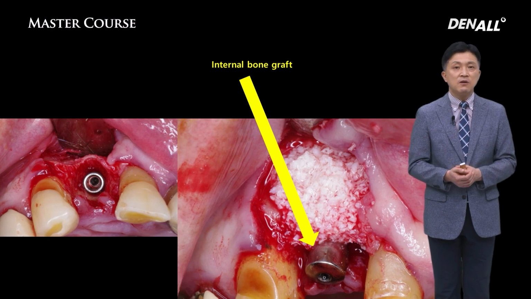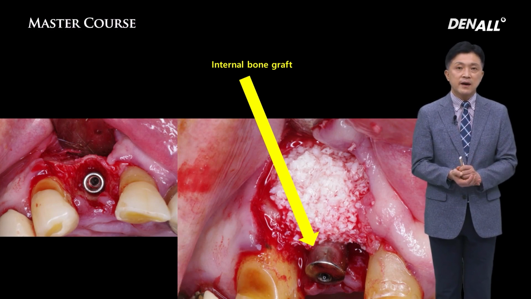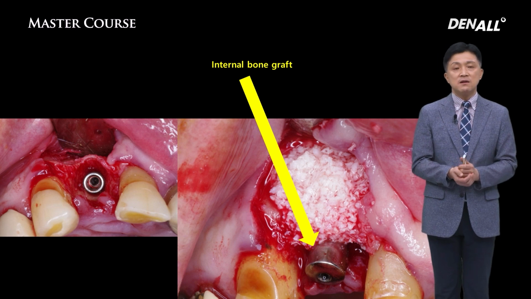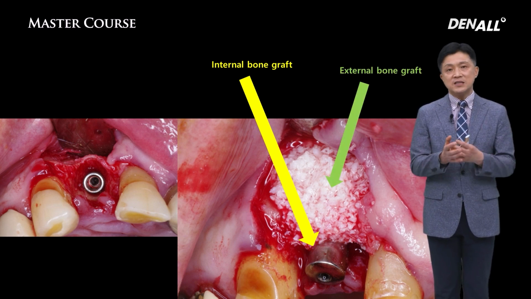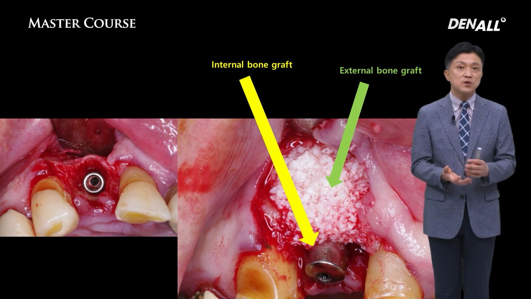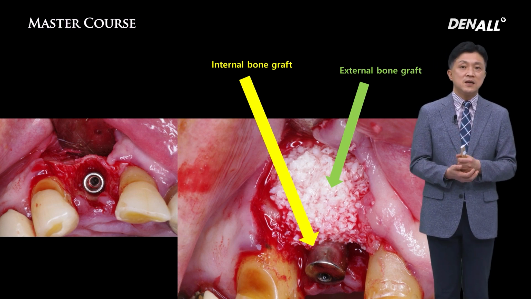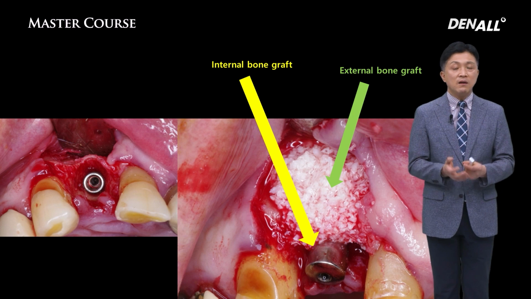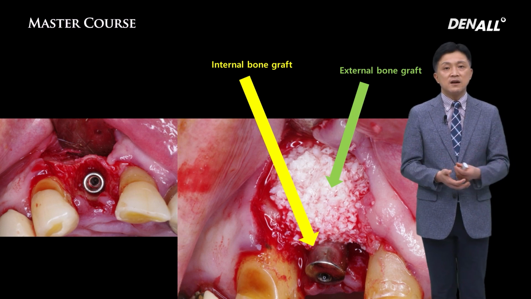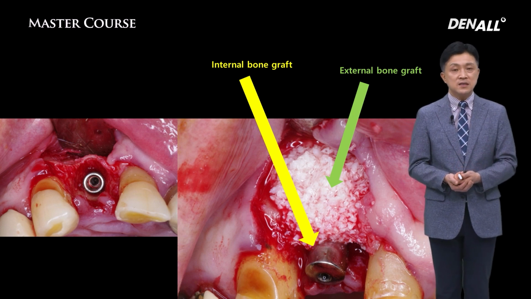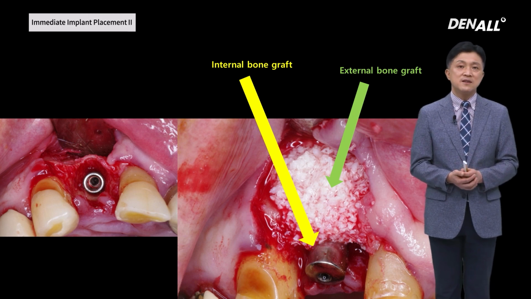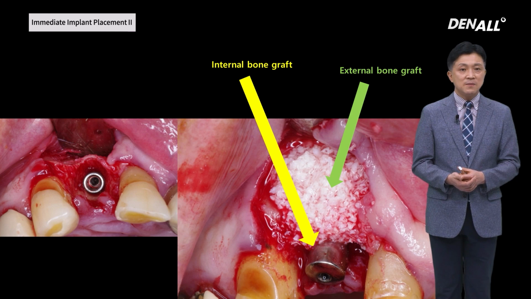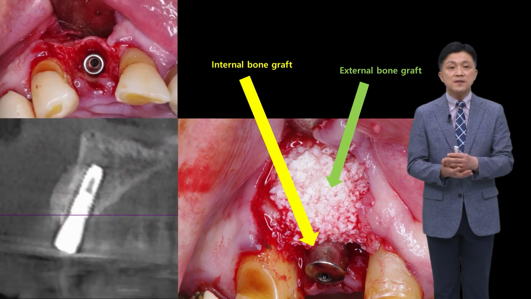In the case of external graft, it needs to withstand remodeling, so you need to use material that is resorbed more slowly. Allograft should be used for internal graft, and xenograft and alloplastic should be used for external graft. This is called a sandwich augmentation. Allograft is used on the internal graft, and xenograft is used on the outside.